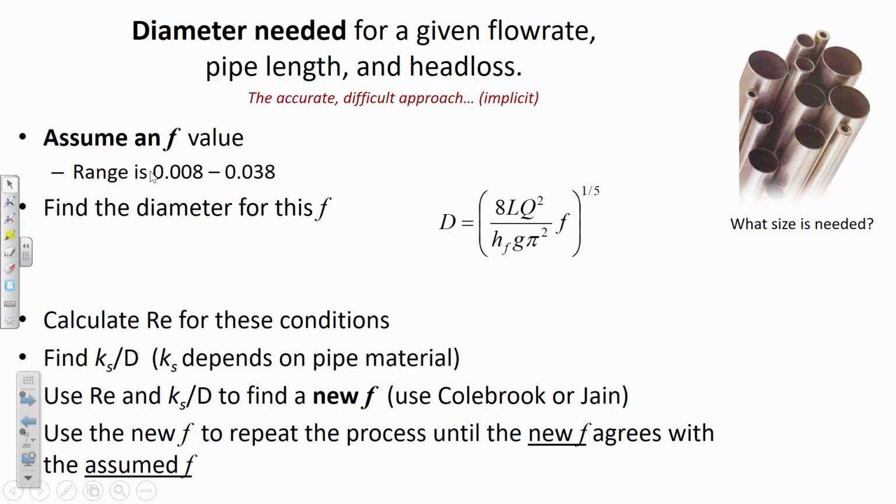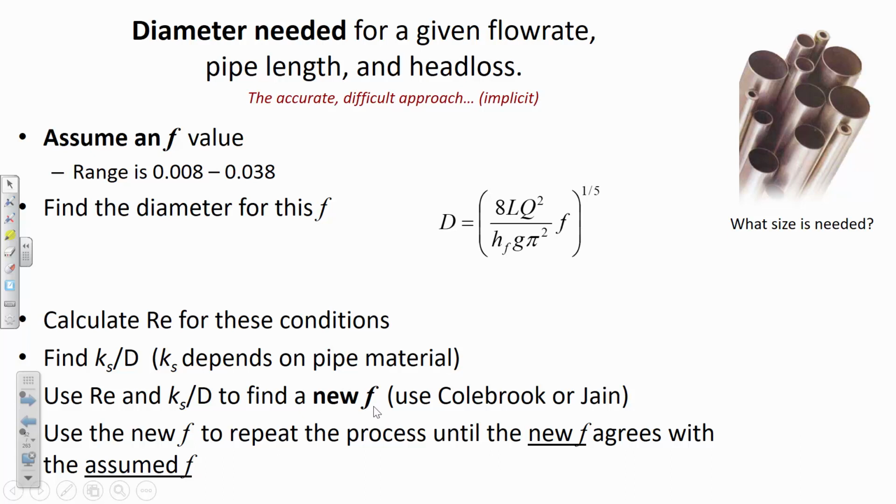So we make some guess, and we solve what the D value would be if that was the F. Then for that D value, now I know what the velocity through the pipe is going to be, so that allows you to calculate the Reynolds number. Then we go through the steps of checking the F value. For the new Reynolds number and the relative roughness, you calculate a new F value with either Colebrook or Jain, and then you check how this new F value compares to your original guess.